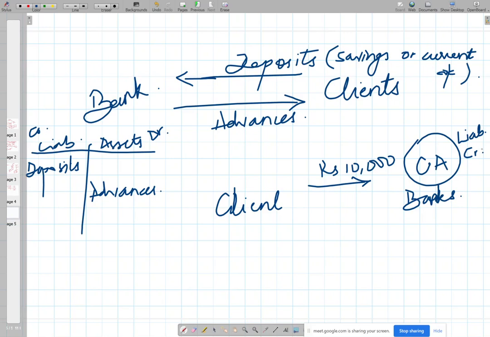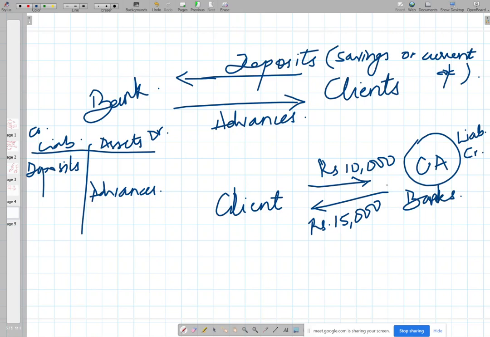But what happens is, on current accounts there is a very special facility that is given. The clients or customers can overdraw, they have an overdrawing facility. So, even if you have kept rupees 10,000, you can overdraw, let us say rupees 15,000. You do not have 15,000 in the current account, you have only 10, but you can remove more than what you have.